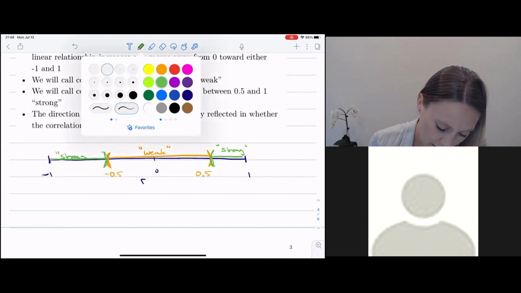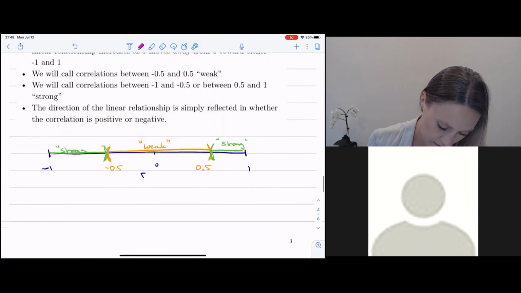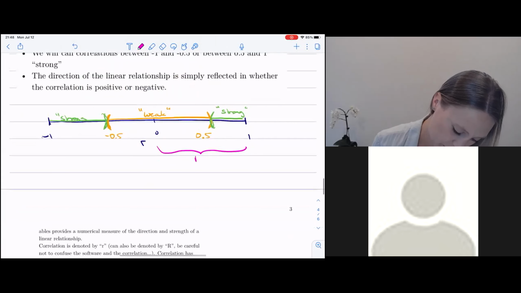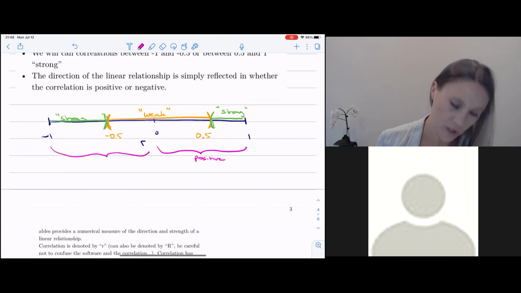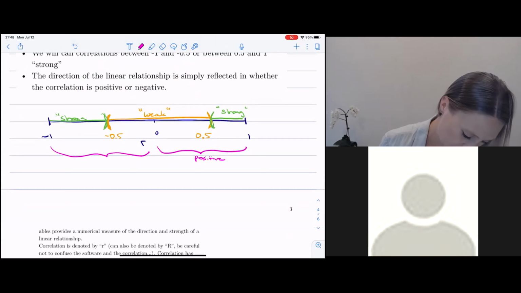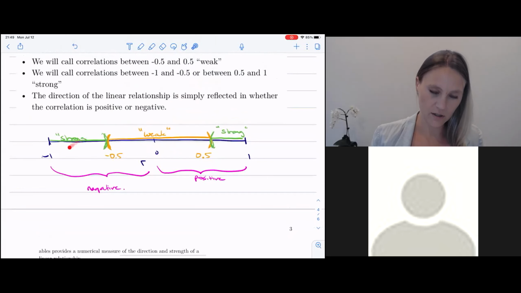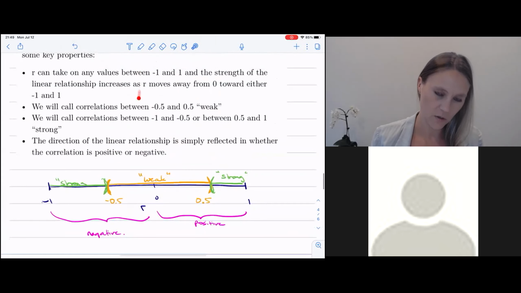And then from 0 to positive 1, here we have a positive relationship. And of course, between negative 1 and 0, we have a negative relationship. Right? So the correlation, these facts, we can summarize with this graphic.